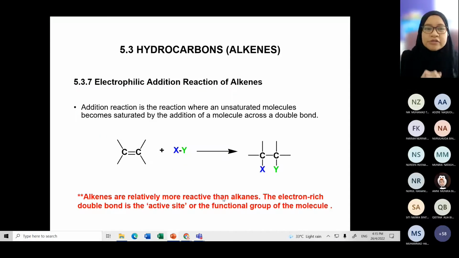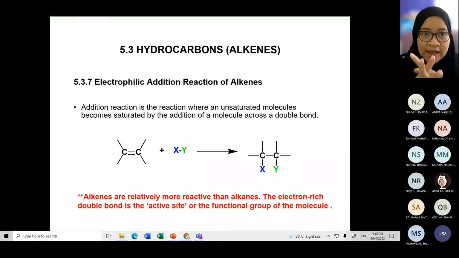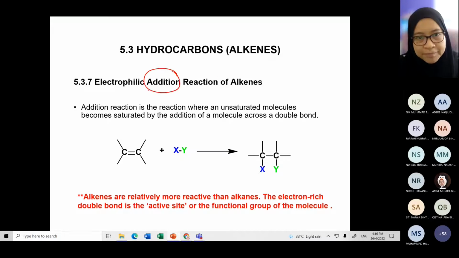On the other hand, this is the reaction that alkenes can undergo. The type of reaction that alkenes can undergo is known as electrophilic addition reaction. See the word addition here. In alkanes last time, we used the word substitution, the free radical substitution.